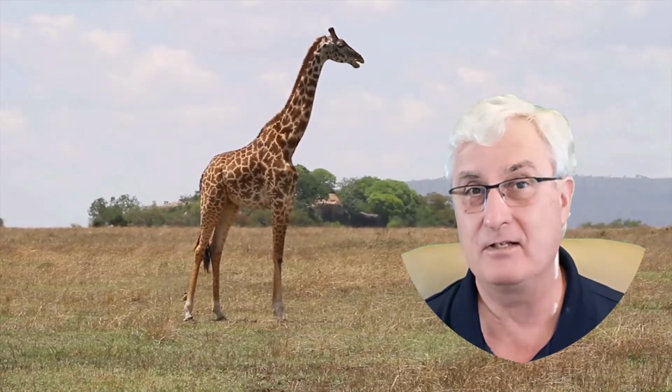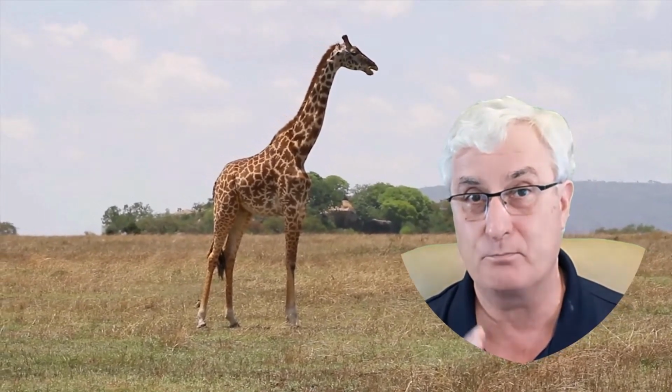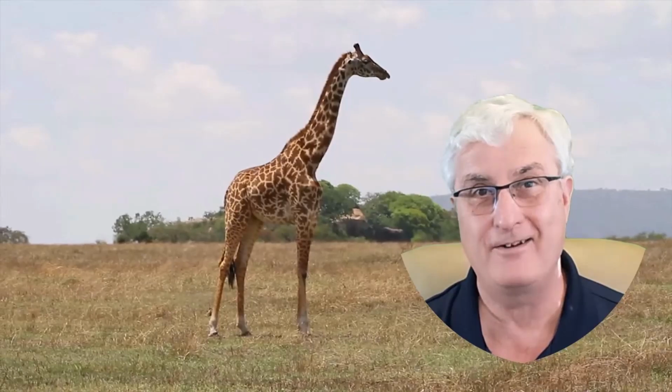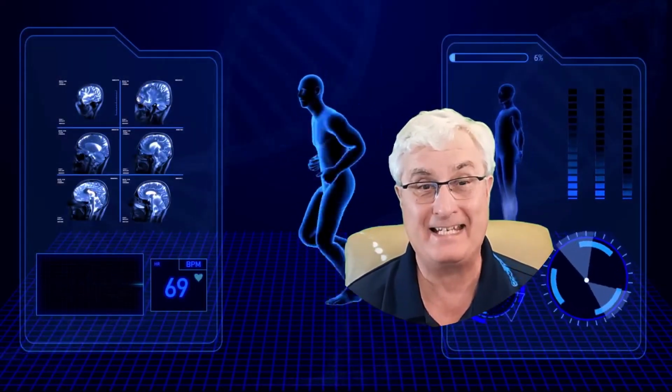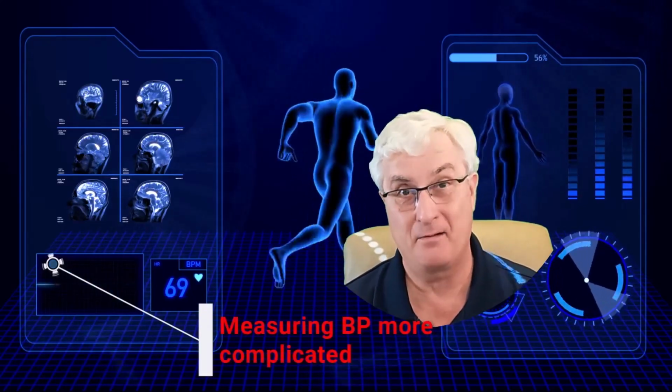So we've adapted over time to sort of figure out exactly how much pressure we need to provide oxygen to our brain. So as you can see, blood pressure is more complicated to measure than a pulse.